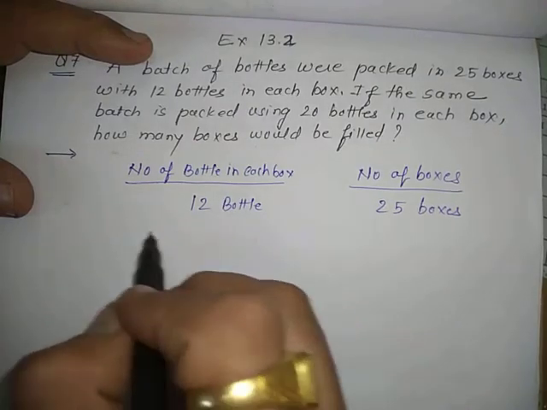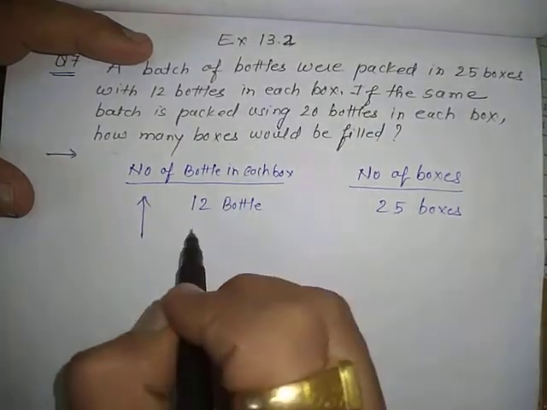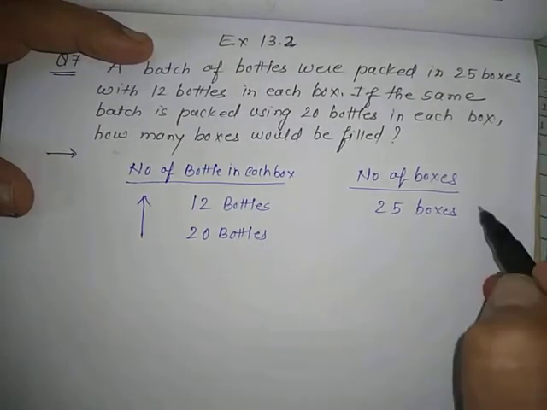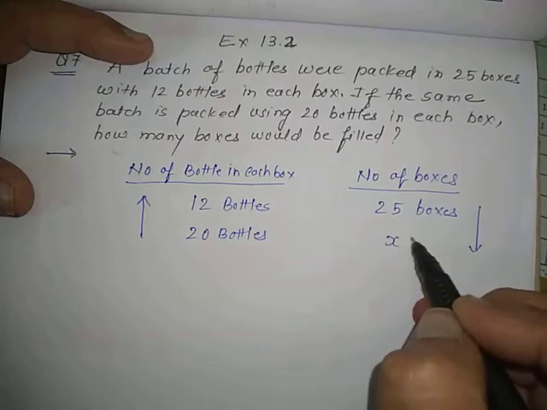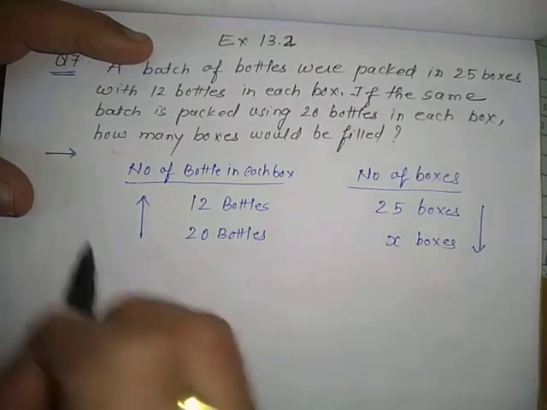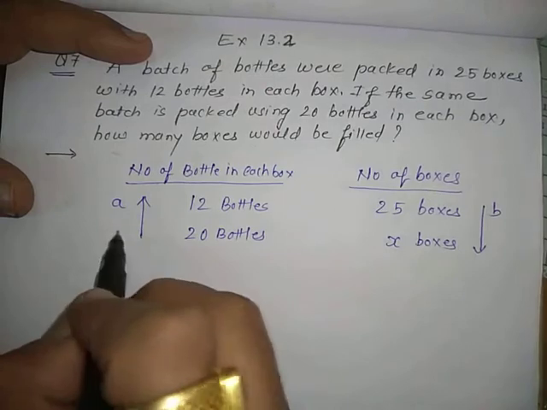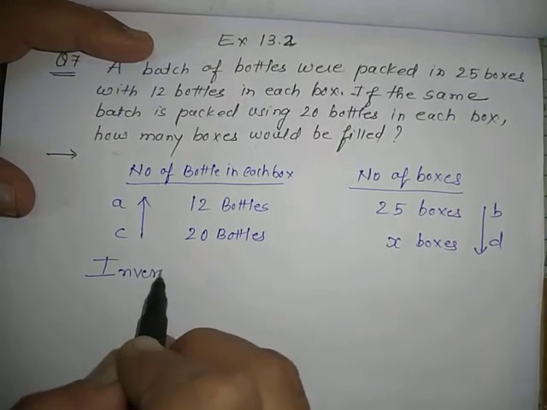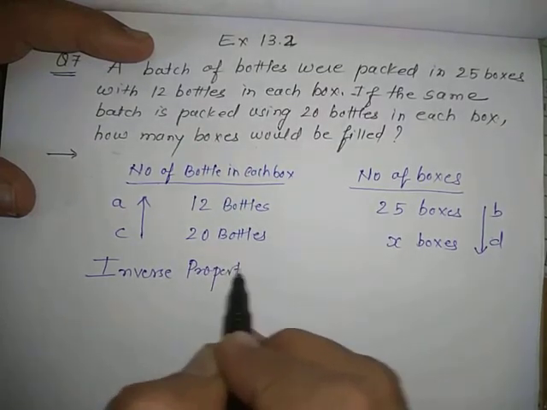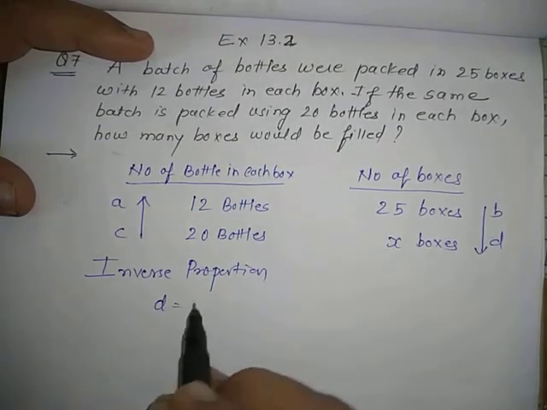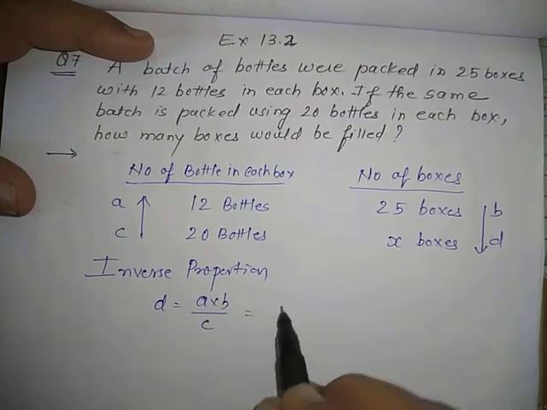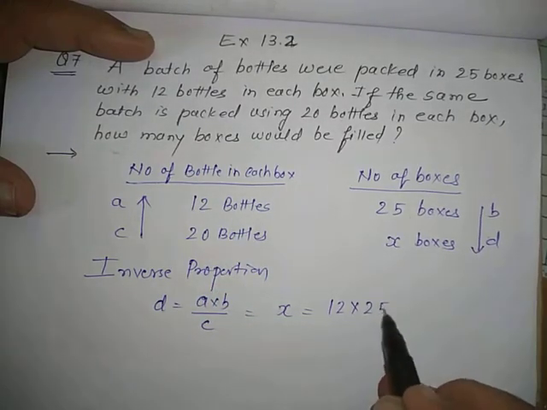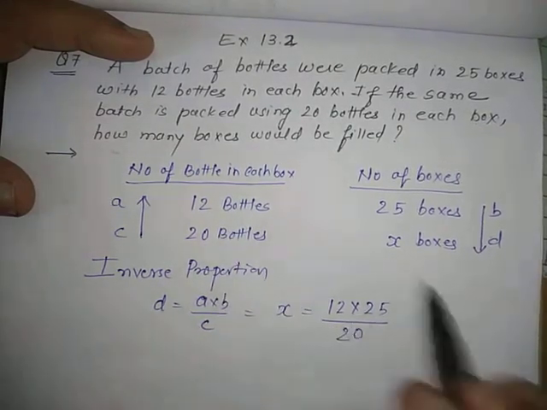But if they say the number of bottles increased in one box, so 20 they are saying. So bottles increased, now the requirement of boxes will be less, x boxes. So obviously you know that it is inverse proportion, and in inverse proportion D is equal to A into B by C. Same way x is equal to 12 bottles into 25 boxes divided by 20 bottles.